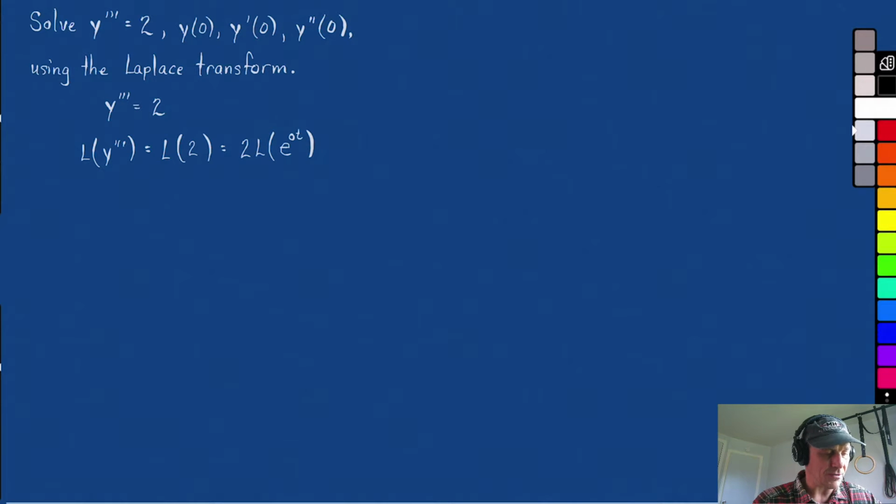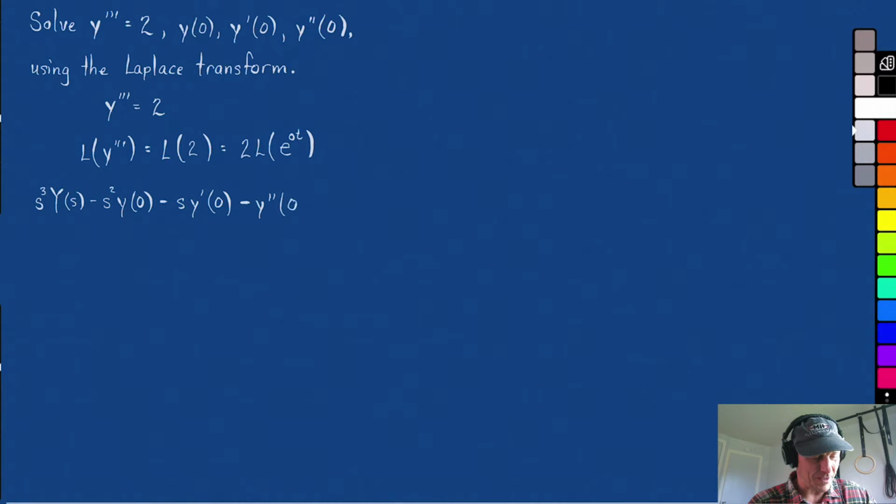So the Laplace transform of y triple prime becomes s cubed capital Y of s minus s squared y of 0 minus s y prime of 0 minus y double prime of 0 equals 2 times the Laplace transform of e to the 0t, well, this is 1 over s minus 0, but that's kind of strange.